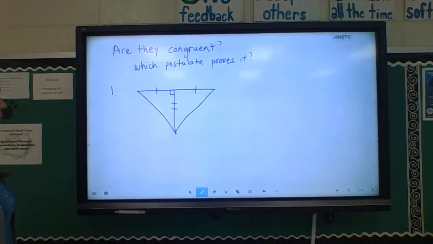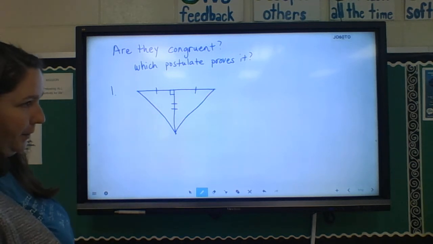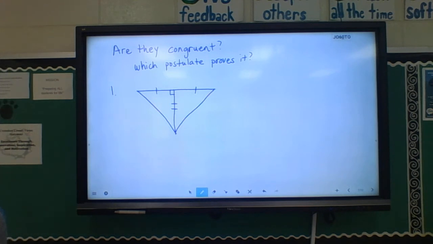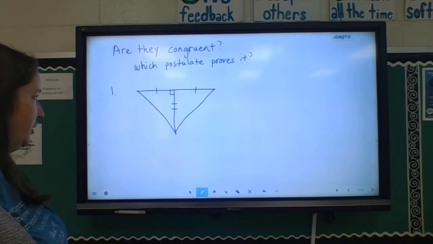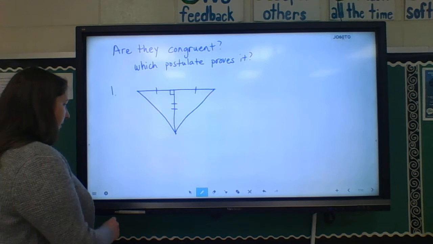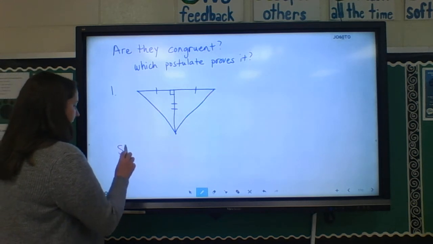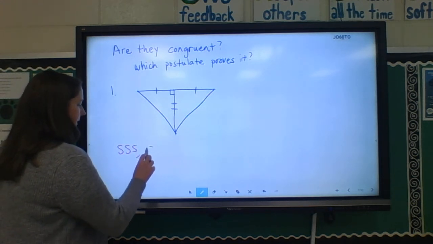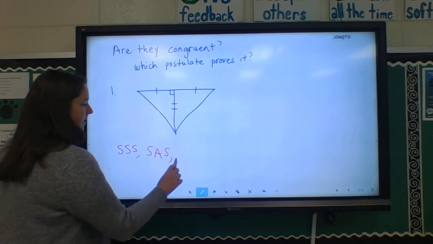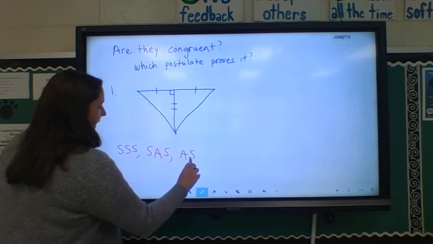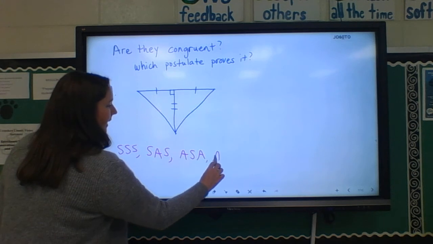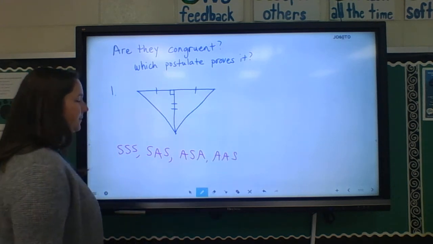All right. Are they congruent? See my 2 triangles that are connected together? And which postulate proves it? So, little hint, they're pretty much going to all be congruent. Which postulate proves it? So remember, we have side, side, side, side, angle, side, angle, side, angle, and angle, angle, side.